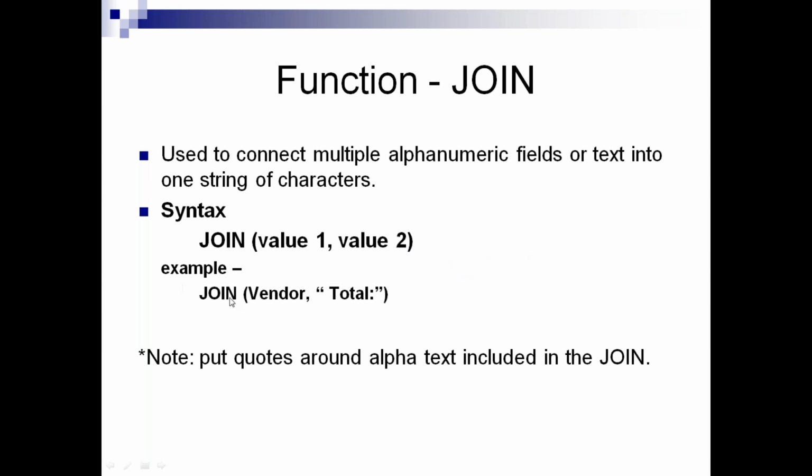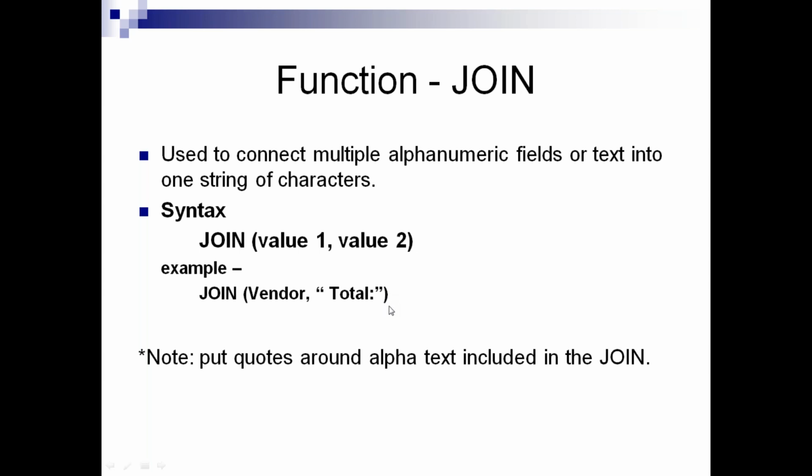So in this example, I'm joining the vendor ID, and then a comma, and then I did a quote, and I put my space in front of the word total, so that when I put this on my total line, it will actually print the vendor ID, a space, and then the word total for me next to the subtotal for that vendor. And then again, I've got a closing parenthesis.